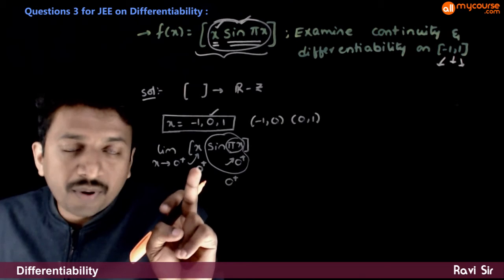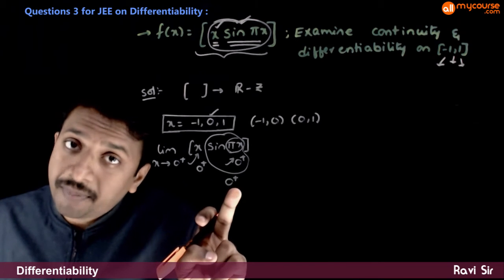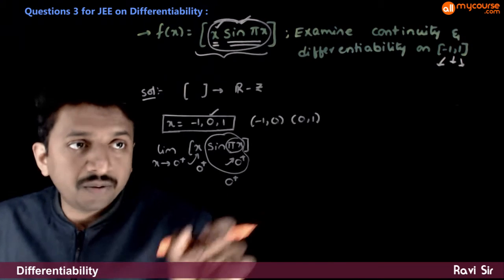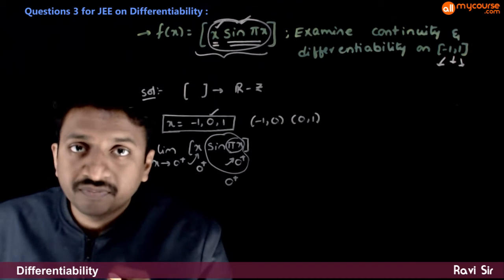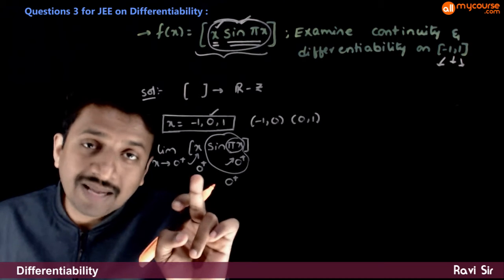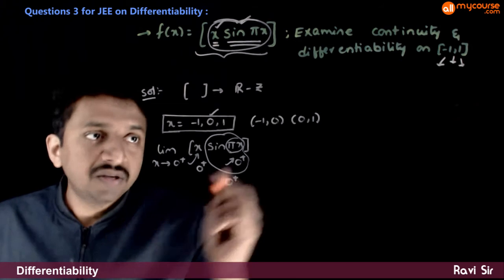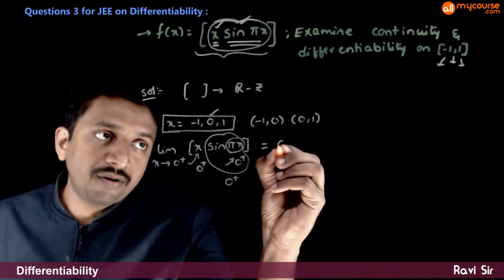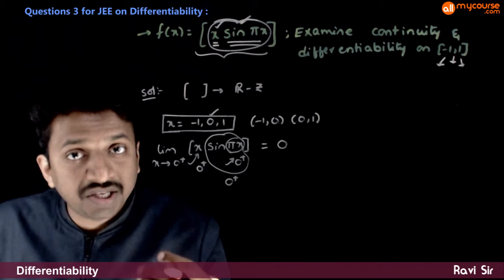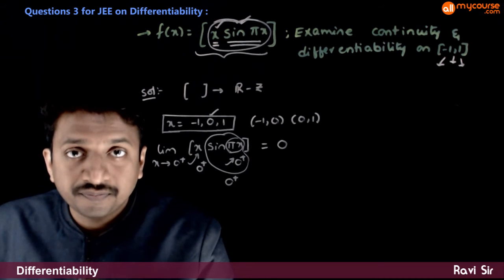If you multiply these two, 0 plus into 0 plus, you get a number in the positive neighborhood of 0. So the integer part of any number in the positive neighborhood of 0 is 0.